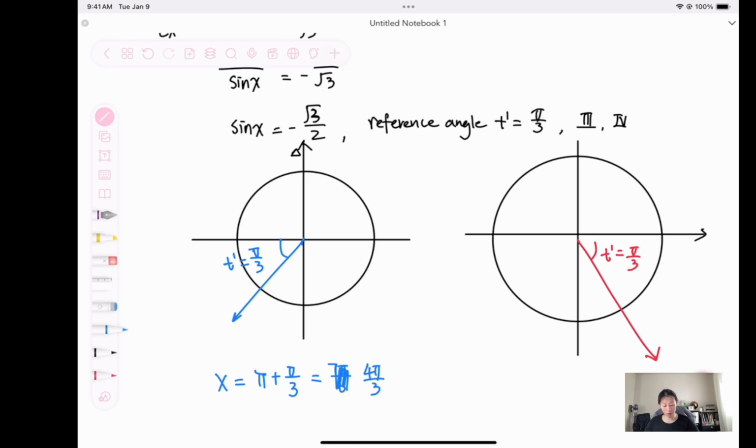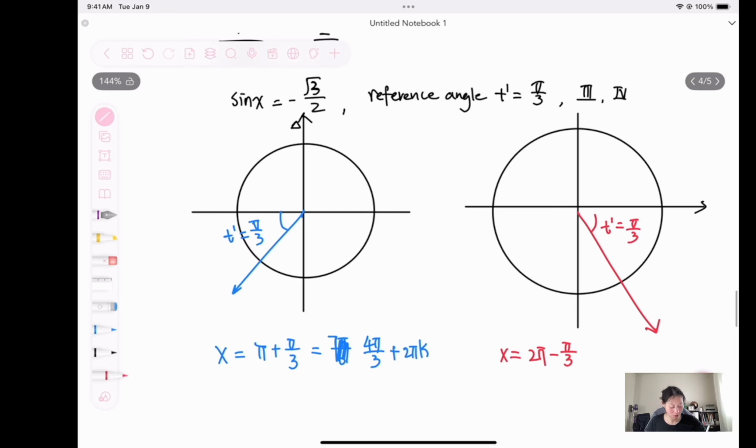That would be our first solution, but that's not done because you need to add 2 pi k. So for the second one, we have x equals the total 2 pi minus 60 degrees. So that means this would be 5 pi over 3 plus 2 pi k. So that's it. That's how we find all the solutions for the sine function. Okay, I'll see you in the next video.